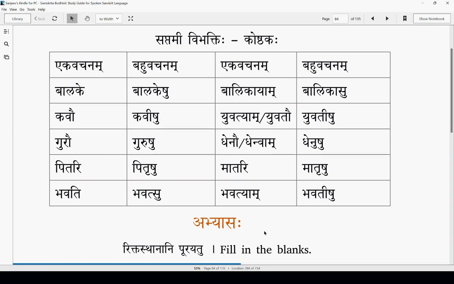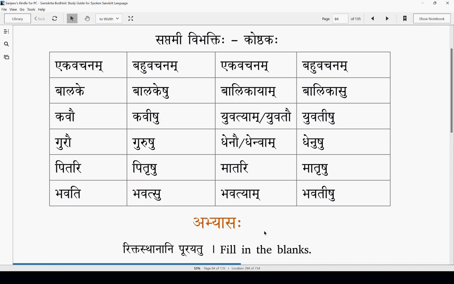Okay, so we use the Saptami Vibhakti to know the location of the action. In some cases, the Saptami Vibhakti is used, for example, when somebody is an expert in something. He is good at something.